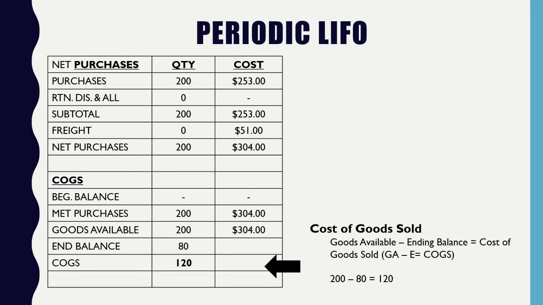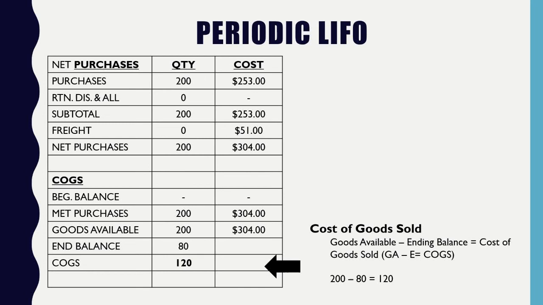Now, that's not the best way to calculate this because what if we took some out of the inventory and placed it on display? What if we sold some and didn't record it? Or what if we broke some? That's where you're going to have to be really responsible to record all of those numbers in your journal.